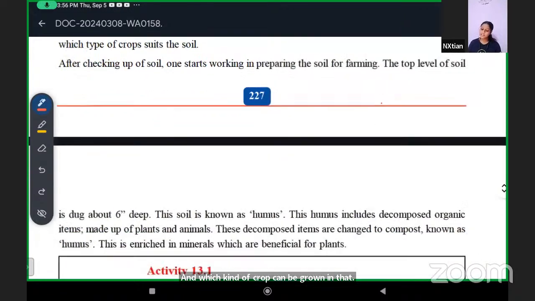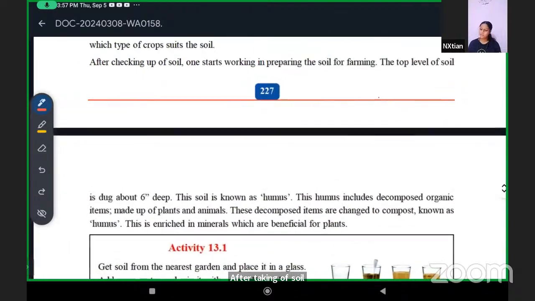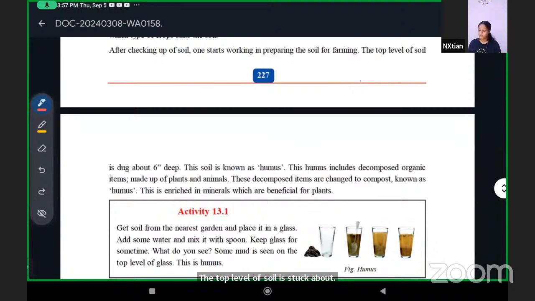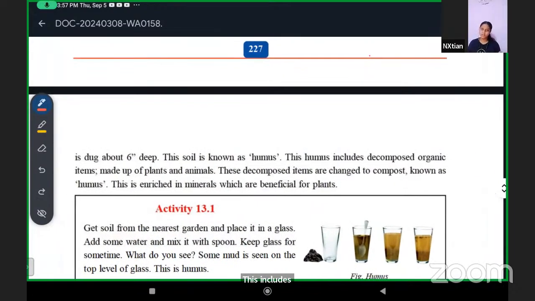Then, after checking the soil, one starts preparing the soil for farming. The top level of soil is dug about 6 feet deep. This soil is known as humus, because it includes decomposed organic items made up of plants and animals.